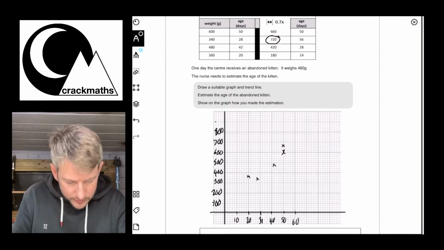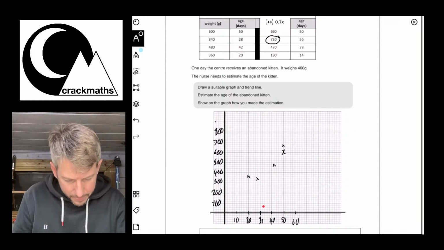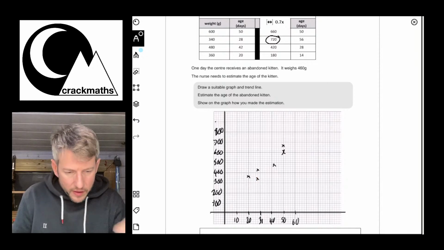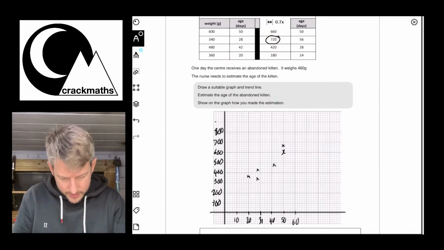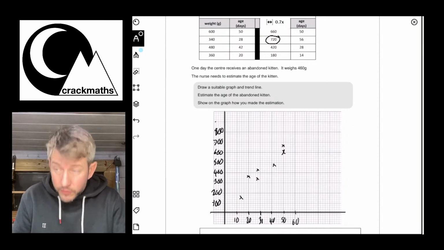Here we go. 28 and 420. Oh, we've already had 28 before. 14 and 180. So 14 is that, and 180 is 2 from the top here.